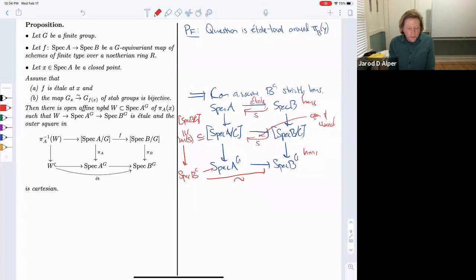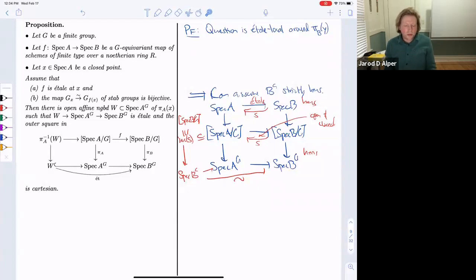So the first step of the argument is to assume that the spectrum of B^G is strictly Henselian. In other words, that the question is étale local here. This argument is not that hard. The fact that it's étale local is not that hard. That's standard descent theory.